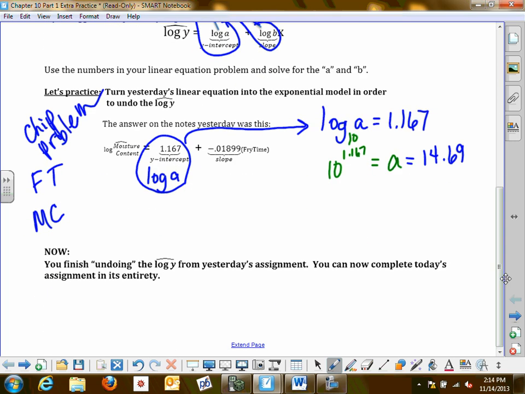All right, let's do the b part. So I'm going to set this slope equal to log b, and then I am going to unlog it.